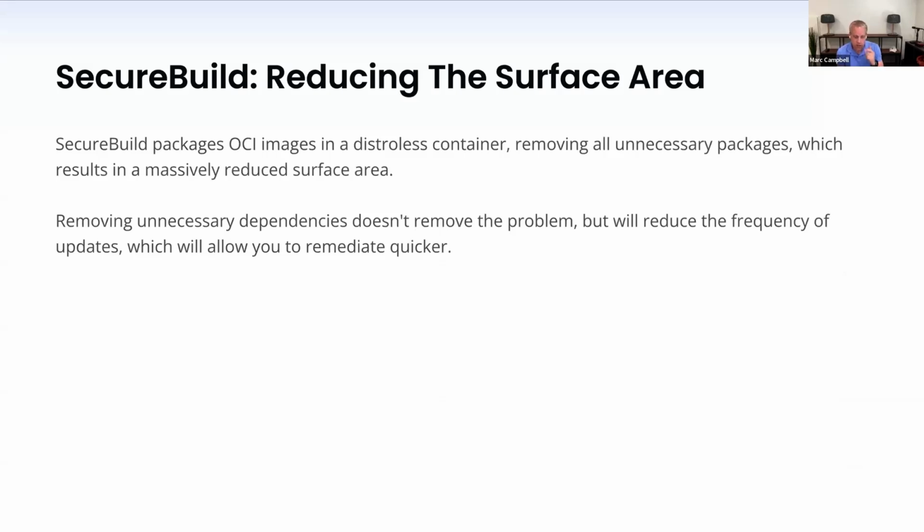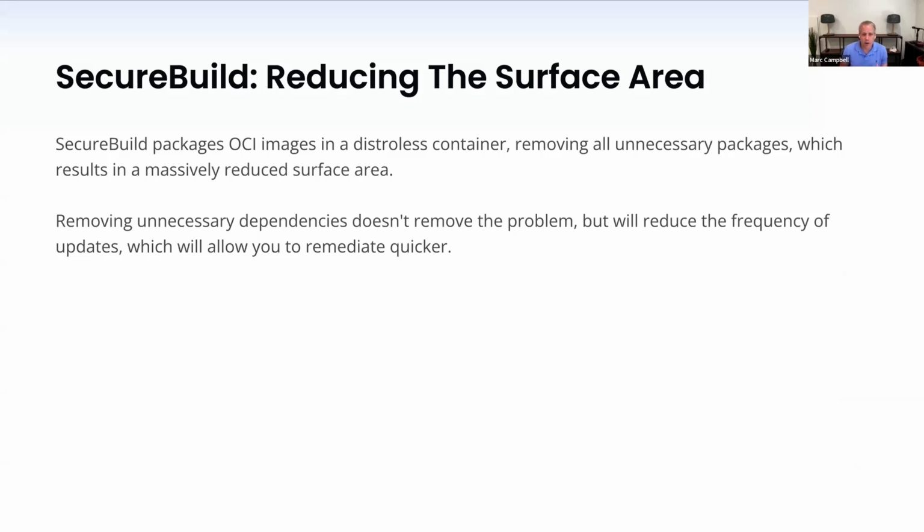Thinking about how we do this, the final step then is we package this entire thing up in an OCI image. That's just a typical Docker run command, right? So you can just run this in your Kubernetes application, Docker, anything you want. We put it in a distro-less container, removing anything that's unnecessary. So these are production quality, production grade hardened images. The goal there is really to reduce the surface area.